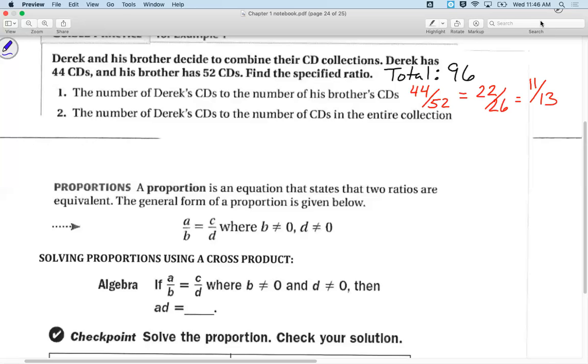Now, how many does he have? Read the problem. How many CDs does Derek have? Derek has 44 and his brother has 52. Okay, thank you. Derek has 44. How many are there in total in the entire collection? It's on the board. Did you read it? All right, how many are in total?